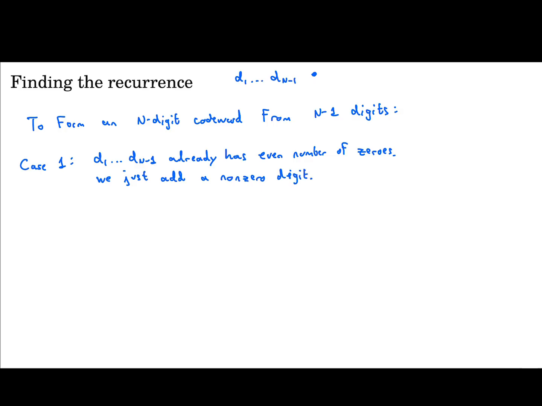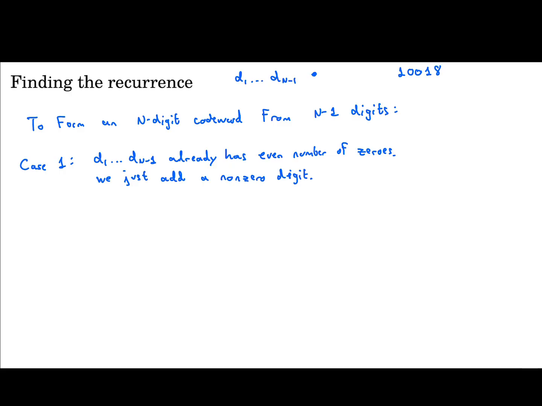So for example, if the sequence was 1 0 0 1 and we want to add one extra digit and keep this valid, we only have 9 choices. We can choose any digit except for 0. So we could put an 8 here, but we couldn't put a 0.